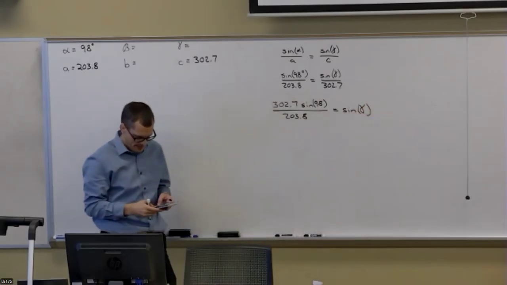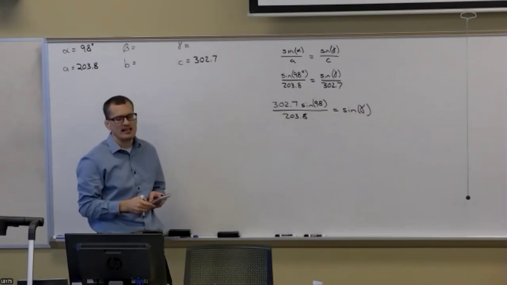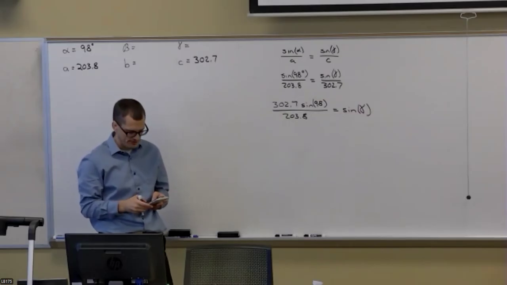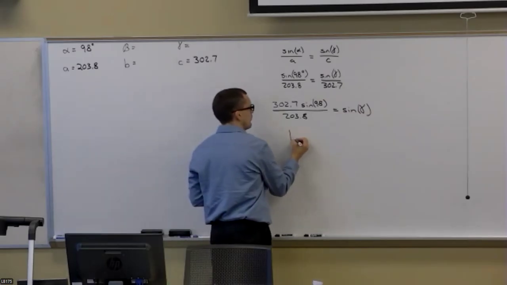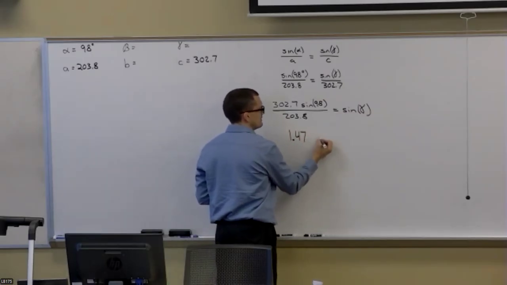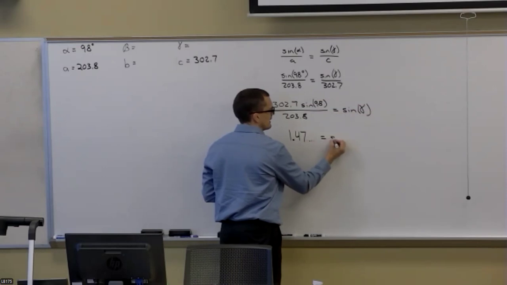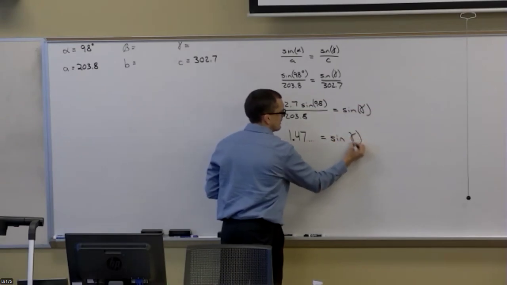Now, just calculate that left-hand side: 302.7 times the sine of 98 degrees divided by 203.8 gives you 1.47-ish, equaling sine of gamma.